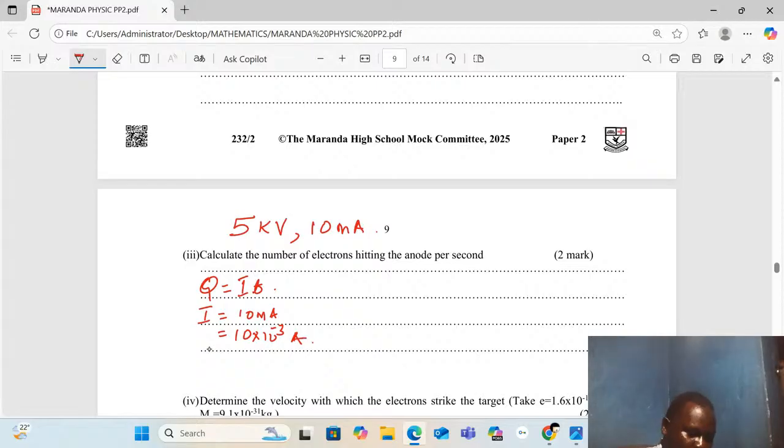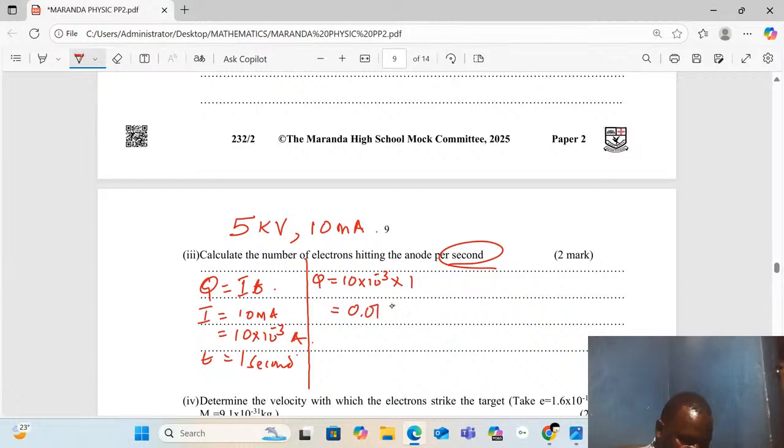Time is 1 second because it is per second. So Q is 10 times 10 to the power negative 3 times 1, which gives 0.01 coulombs.